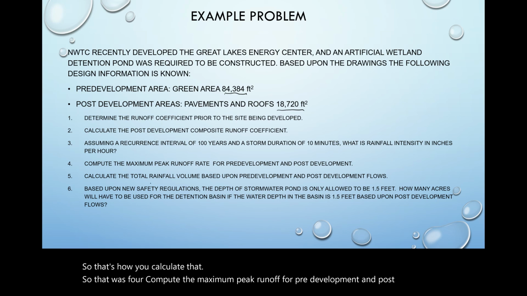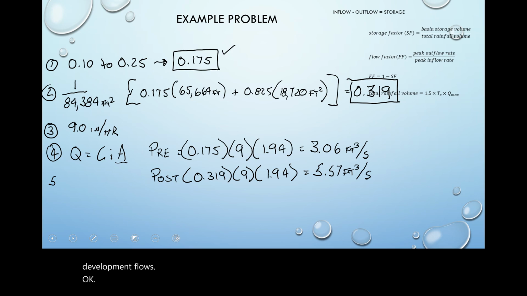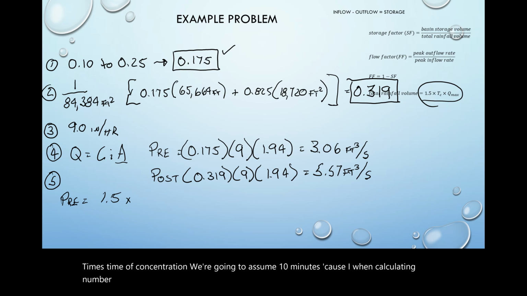5. Calculate the total rainfall volume based upon pre-development and post-development flows. Okay, so that is this equation right there. So pre equals 1.5 times time of concentration. We're going to assume 10 minutes because when calculating number 3, I said a duration of 10 minutes.